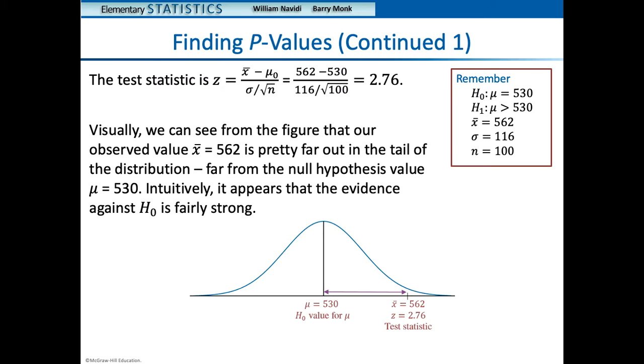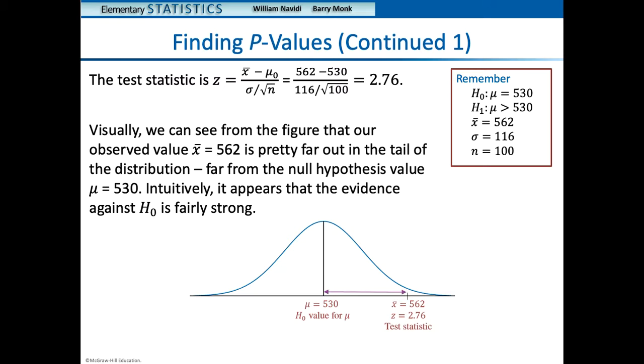Now, if you look at that, 2.76 means it's 2.76 standard deviations above the mean, right? So the sample mean of 562 is 2.76 standard deviations above the mean. And again, we're assuming the mean here is 530. That is pretty far out in the tail of the distribution.